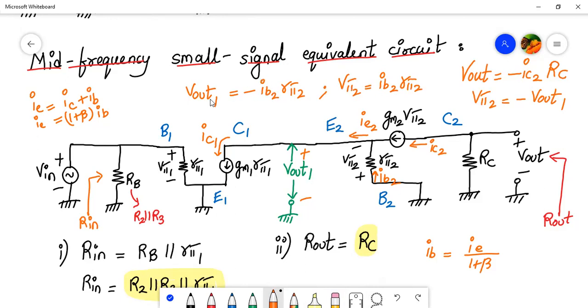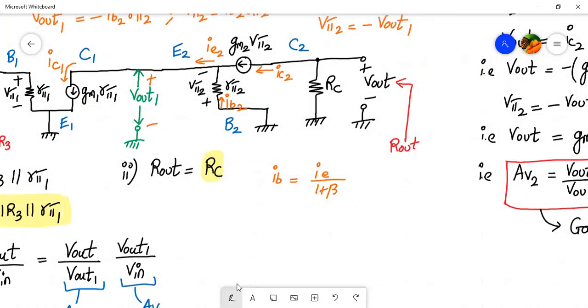But V pi 2 and V out 1 are of opposite polarity. So if V pi 2 is IB2 into R pi 2, V out 1 will be minus IB2 into R pi 2. Correct? Now let me write it formally over here, that this is your AV1.